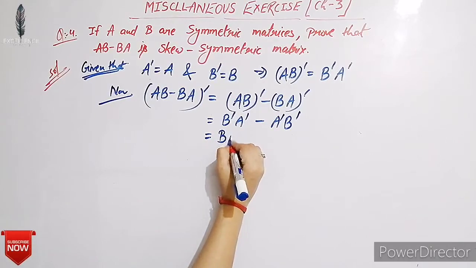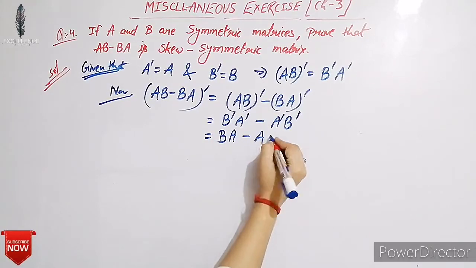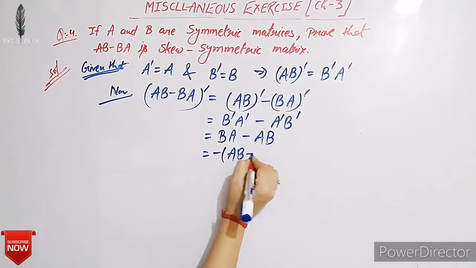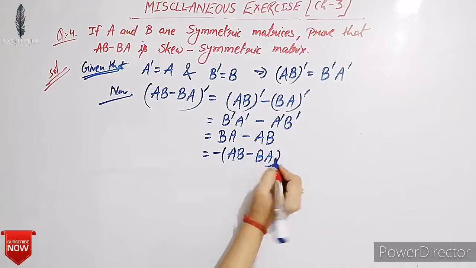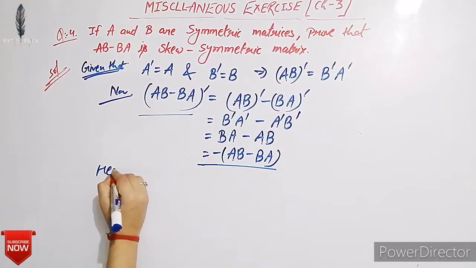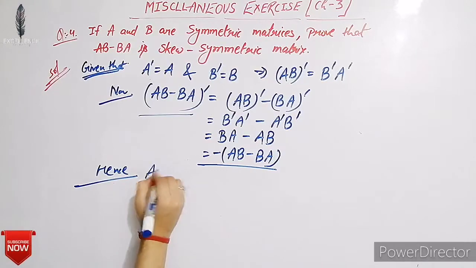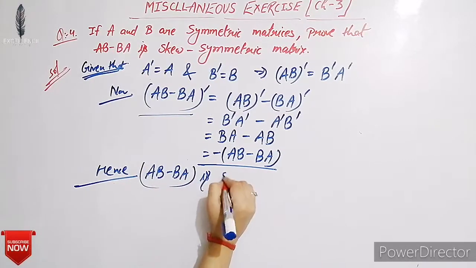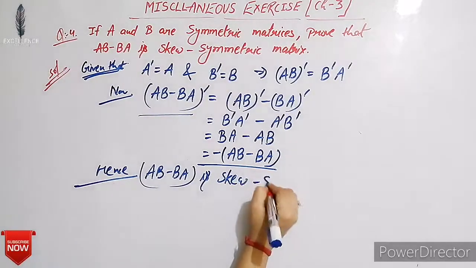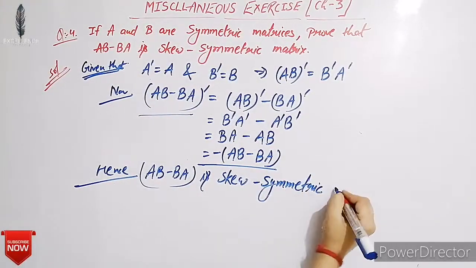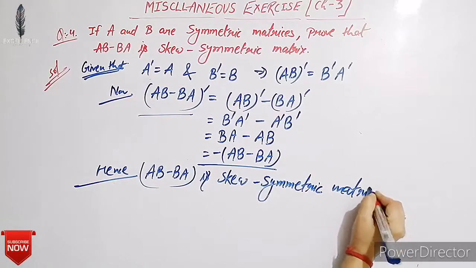The value of B dash is B and A dash equals A. Put these values, we have BA minus AB, minus common, that is minus (AB minus BA). Clearly we have (AB minus BA) dash is equal to negative of (AB minus BA). Hence AB minus BA is a skew symmetric matrix, because its transpose is equal to negative of it. So it's a skew symmetric matrix.